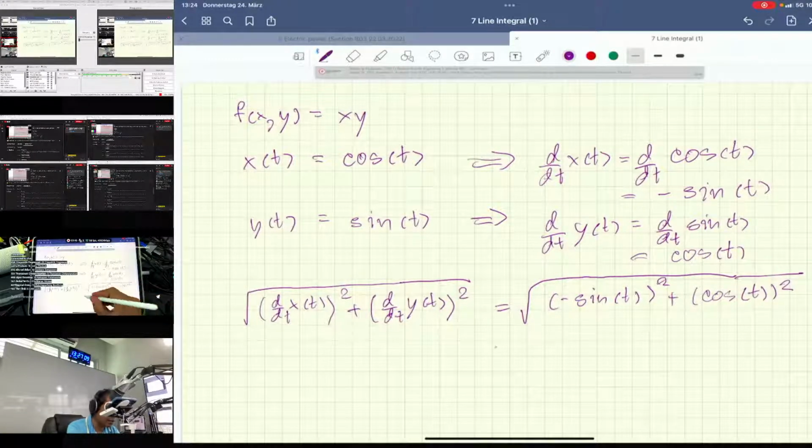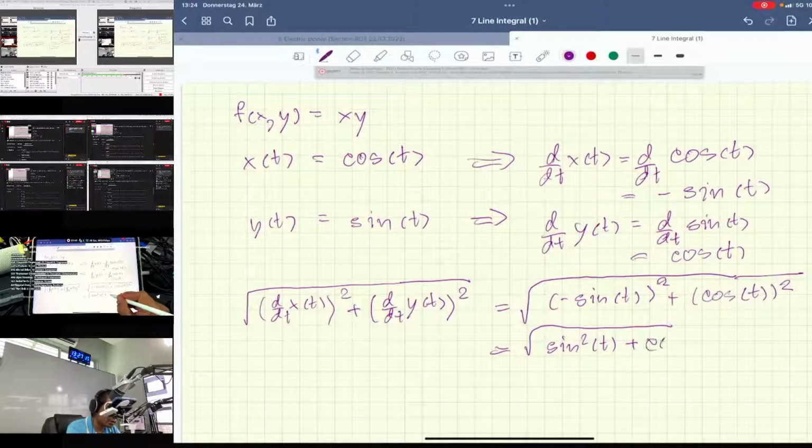Here you get sine squared t plus cosine squared t. Whether it's negative or positive, once we have the square, it's going to be a power of 2 with positive sign.